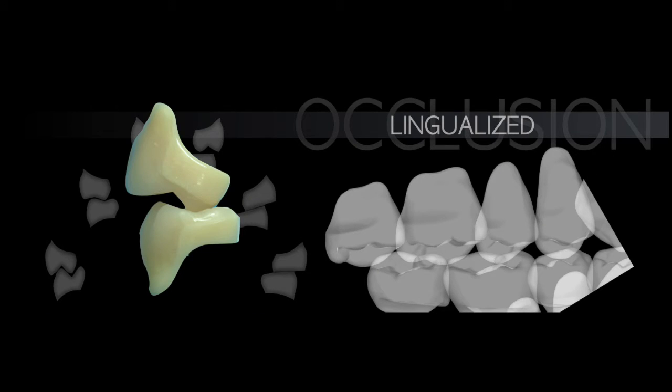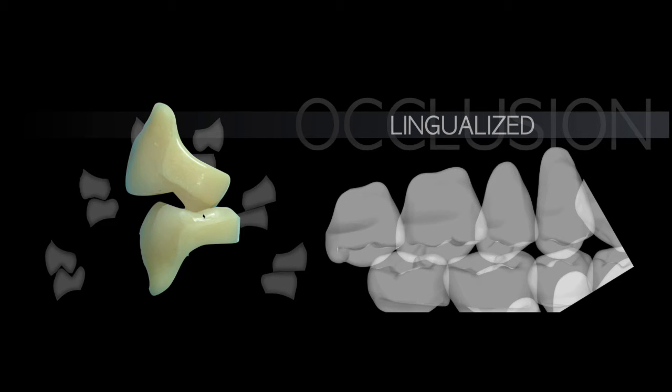The next occlusal scheme is lingualized occlusion. This is a diagram representing lingualized occlusion. When you look at it closely, the maxillary teeth are fully anatomic teeth, but slightly tilted in a way so that the lingual or palatal cusp is the dominant cusp in contact, but the buccal cusp is not in contact.